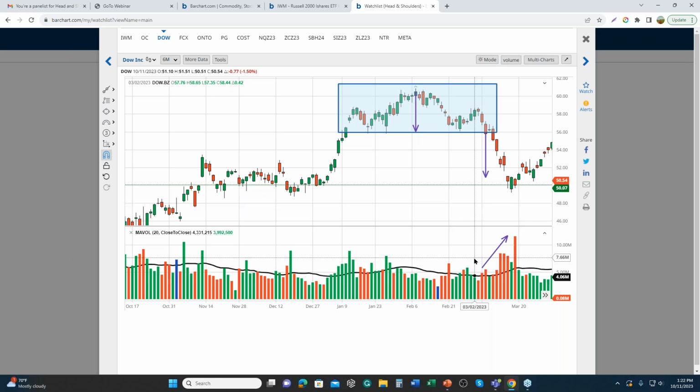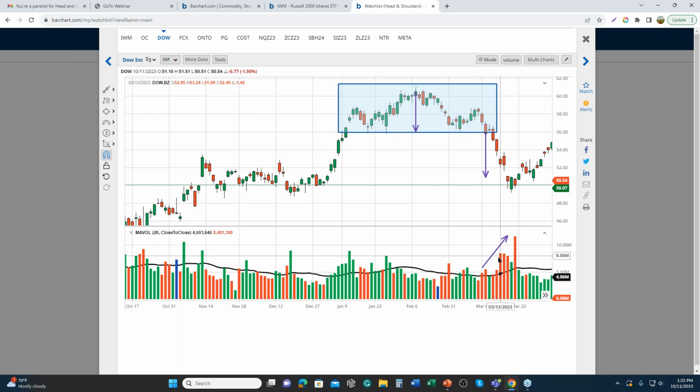Again, I could use my head to neckline candle distance, or bar distance, to extrapolate or determine a minimum price movement.